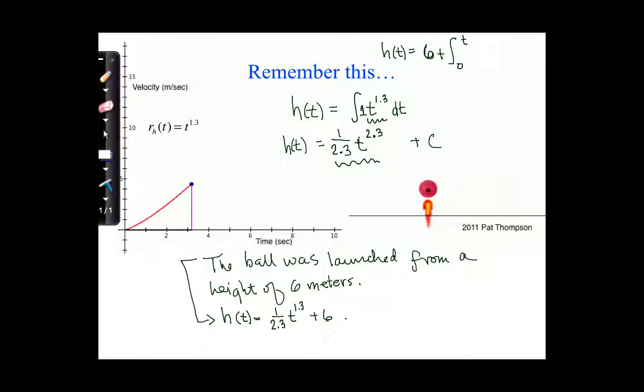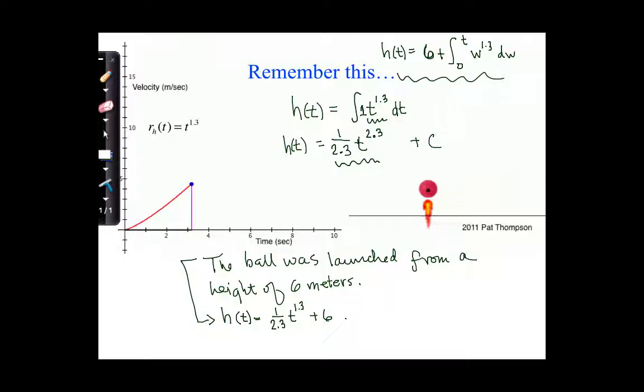So instead of t, I'm going to use something else. I'll use w to the 1.3 dw, dummy variable. What this gives right here is my r sub h of t formula. It's just r sub h of w now for symbol purposes. But I have a starting value plus what happens due to the rate, because that starting value isn't impacted by the rate.